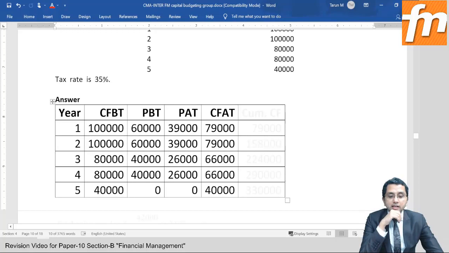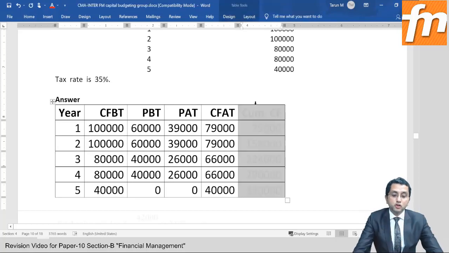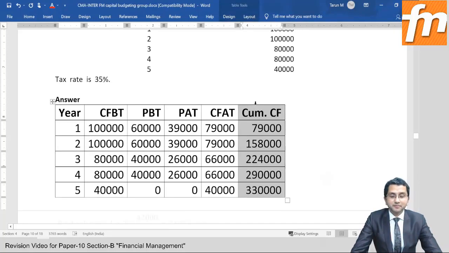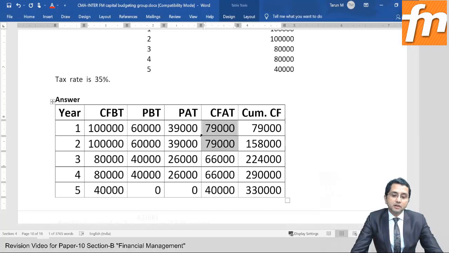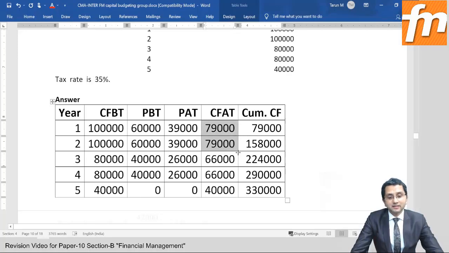So I'll make a table, I make a column of cumulative cash flows. I hope you know how to calculate cumulative cash flow. First year it is 79,000 itself. For the second year it will be 79 plus 79, that will be 1,58,000.